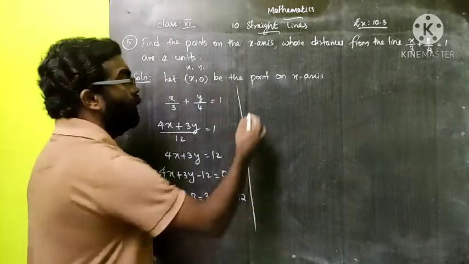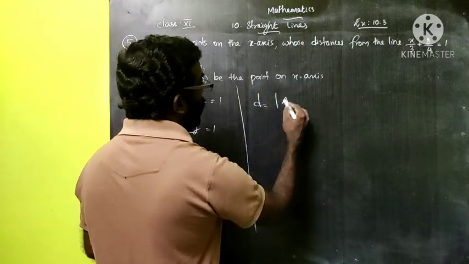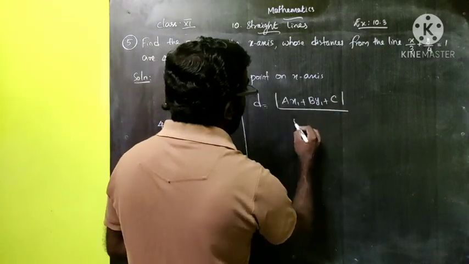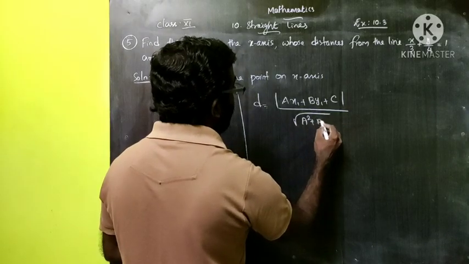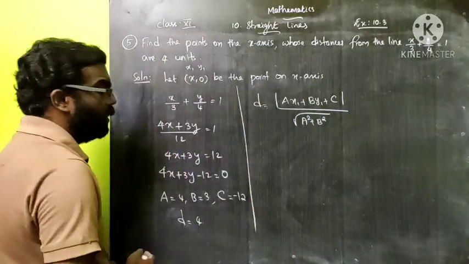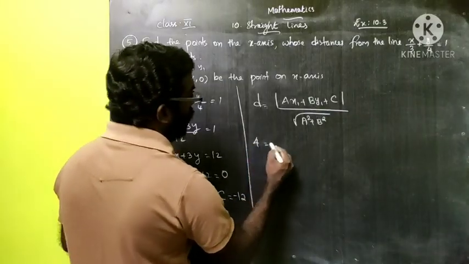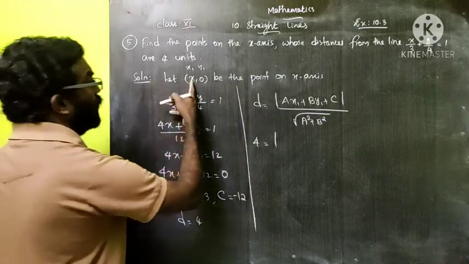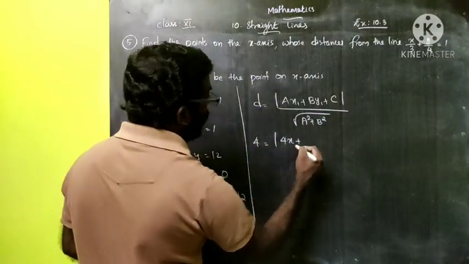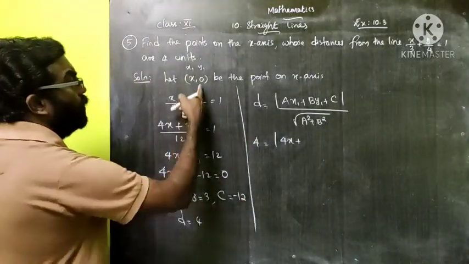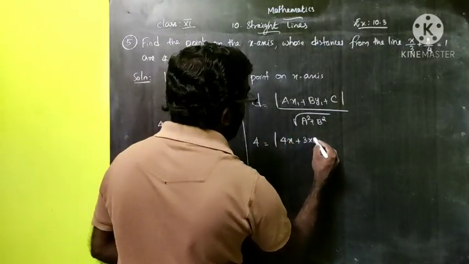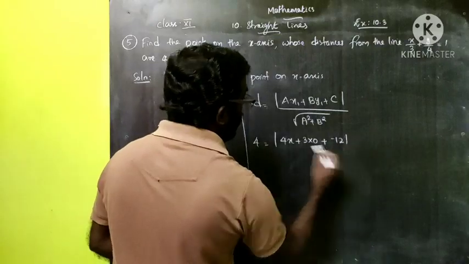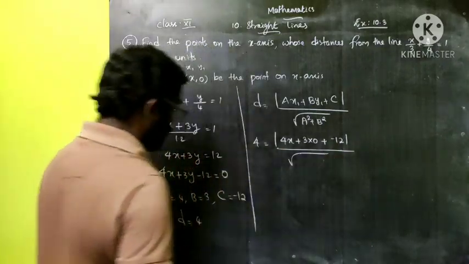We know the formula. D is equal to modulus of ax1 plus by1 plus c divided by root of a square plus b square. Here we can replace the known values. D is 4. So 4 is equal to modulus of 4 into x1, and here x1 is x, so 4x, plus 3 into 0, it is 0, then plus c, c is minus 12, divided by root of a square plus b square.